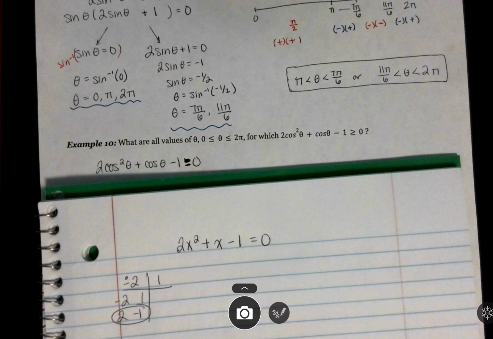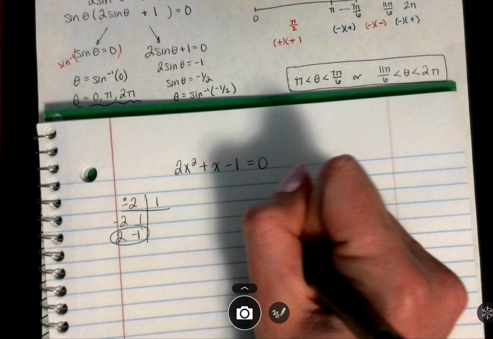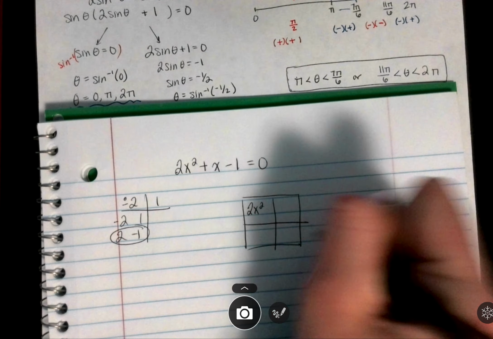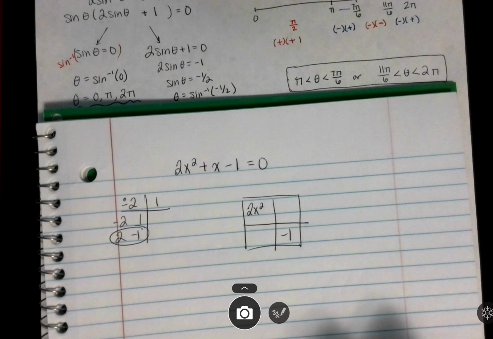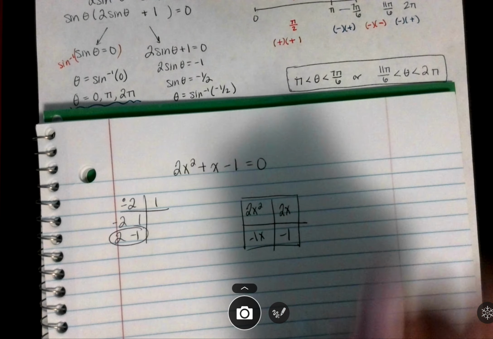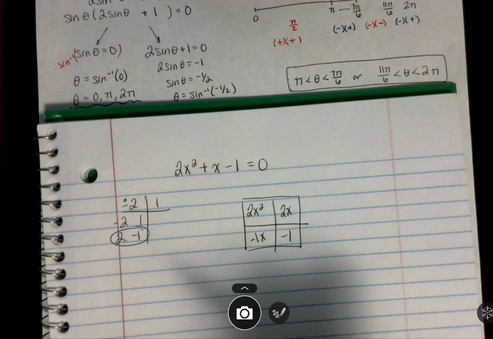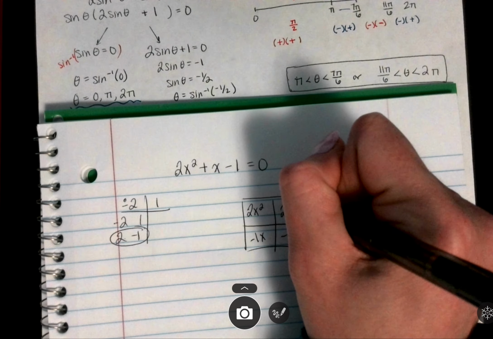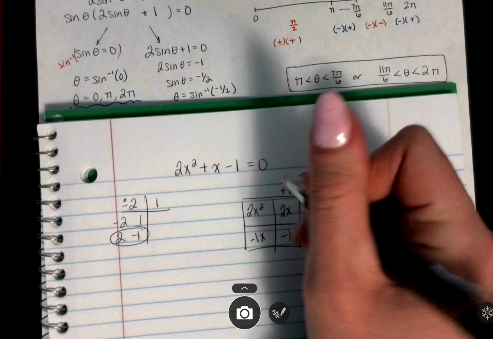So then I can do the reverse box method where I put my x squared term and my constant in the diagonals, and then I have 2x and negative 1x coming from these two factors in the remaining boxes. And I'm going to factor out a GCF from each column and each row.